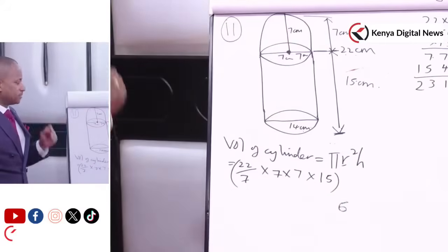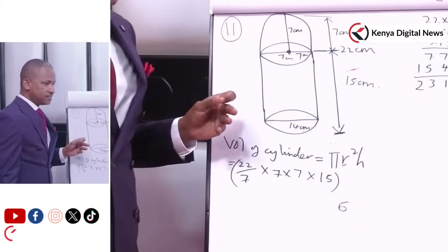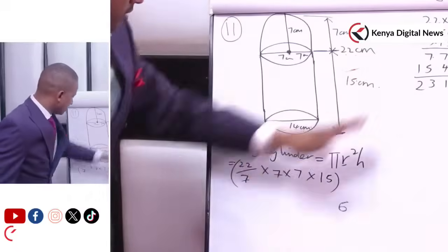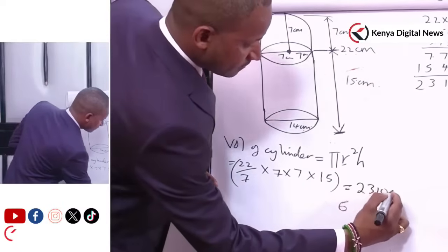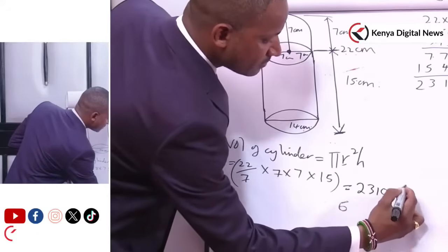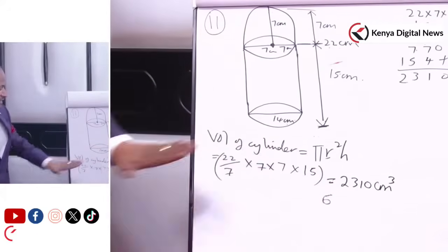That's what I'm getting. I don't know if we are correct. It's 2310. So just use your calculator. This is 2310, but volume is given in centimeters cubed. That is the volume of a cylinder.